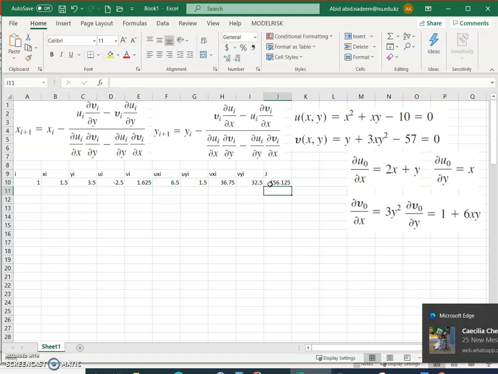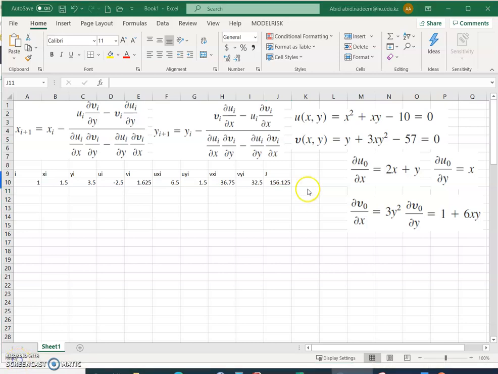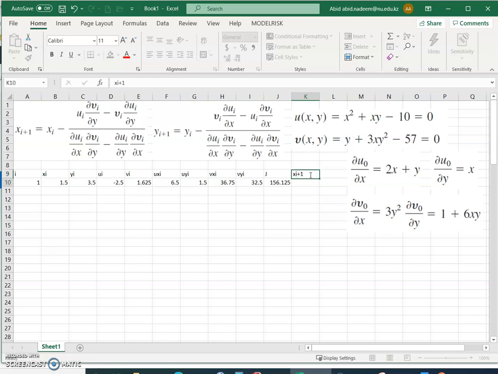It will be 156.125. And then the next step is to apply the formulas to calculate xi plus 1 and yi plus 1.